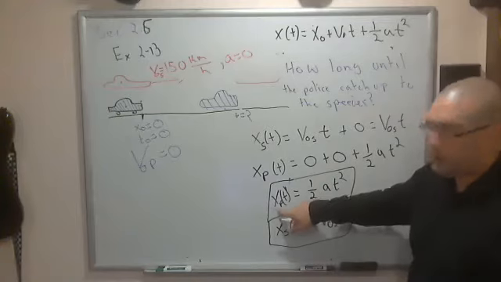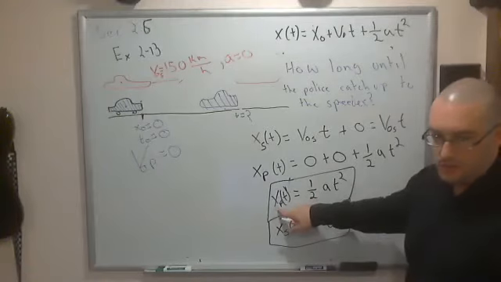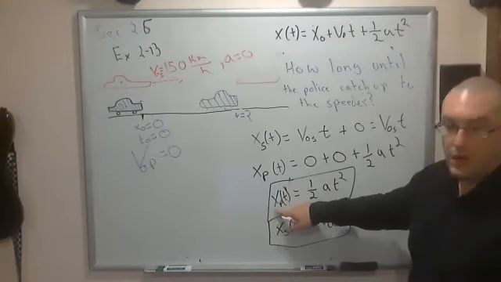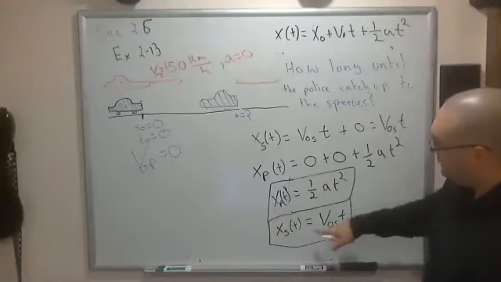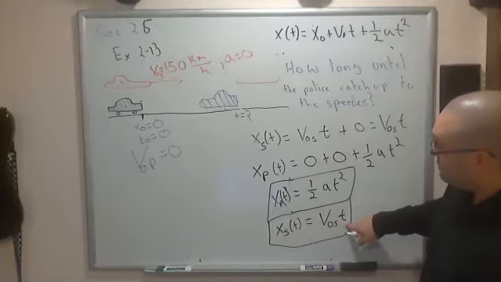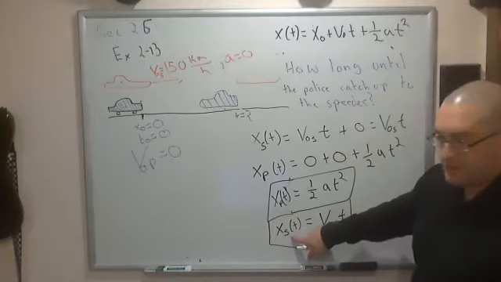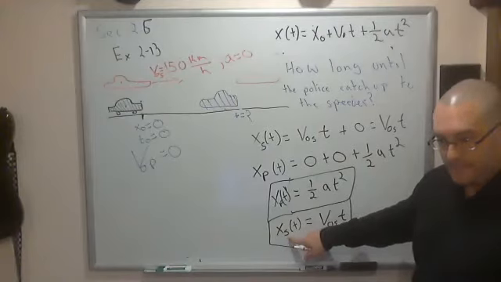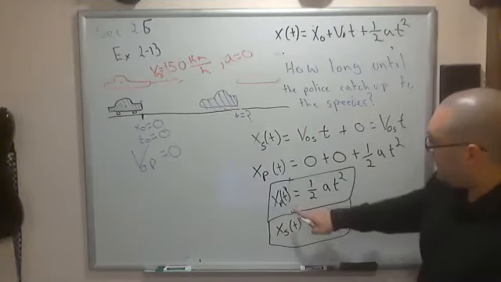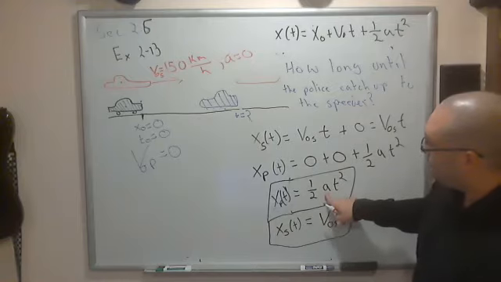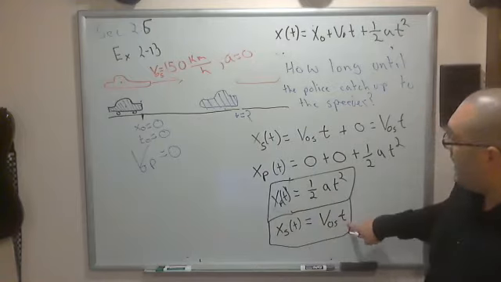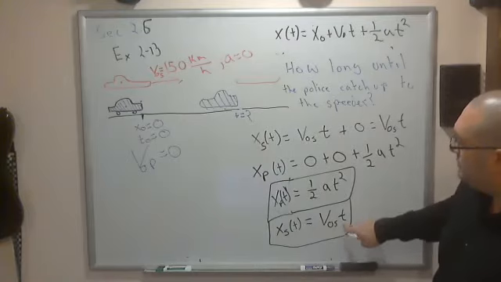What about the final position? No, right? And then what about for here? We don't know t and we don't know the final position of the speeder, right? So we have how many unknowns? 1, 2, 3, 4, 5 unknowns.